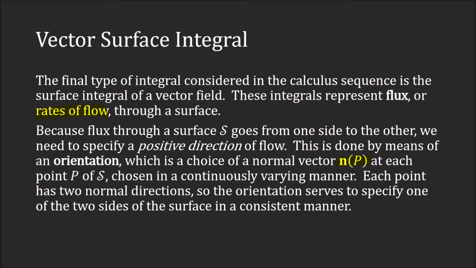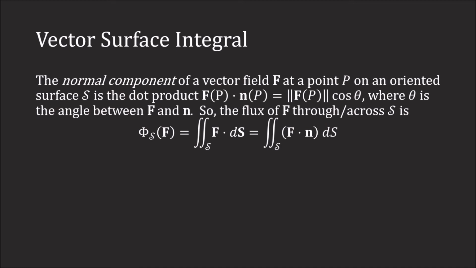Each point has two normal directions, so the orientation serves to specify one of the two sides of the surface in a consistent manner. The normal component of a vector field F at a point P on an oriented surface S is simply this dot product, which is of course the norm of F of P times cosine theta, because little n is a unit vector, and theta is the angle between F and n.